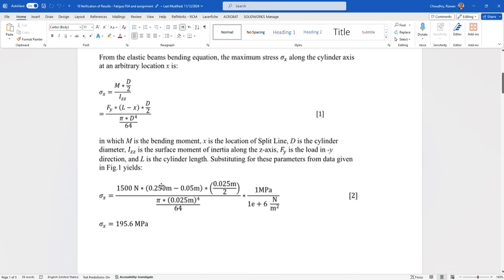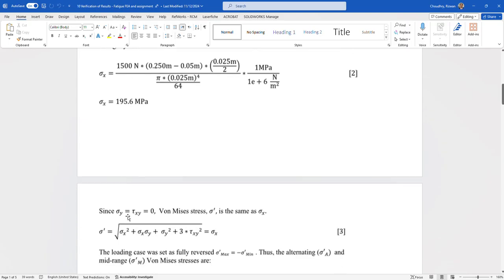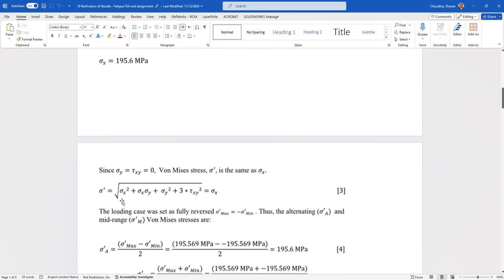So now using these two values, the shear stress and sigma y equal to 0, we can now calculate the principal stress from the principal stress formula. Again, this is the direct formula that we covered in strength of materials, and based on this formula, you can see that the principal stress and the von Mises stress in this case will be equal to sigma x.